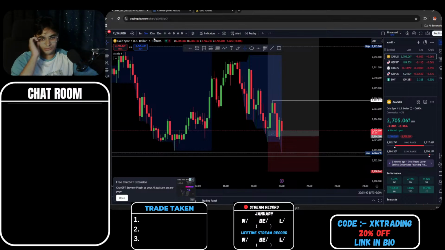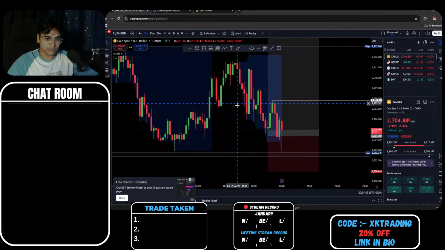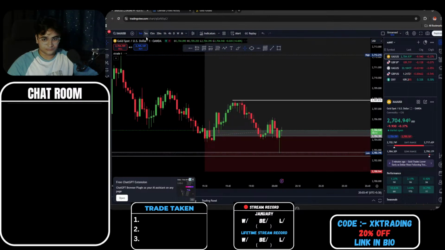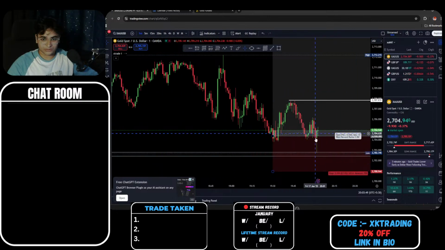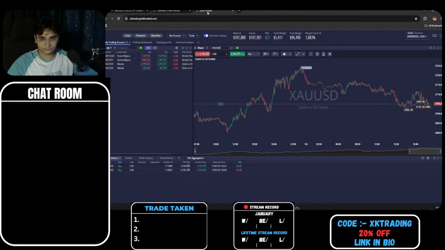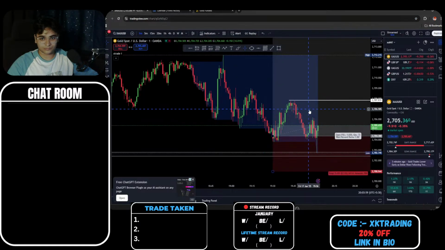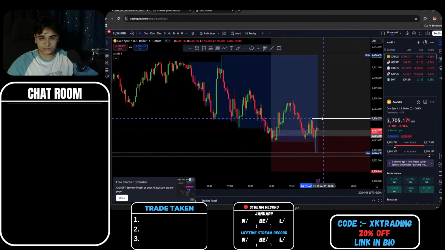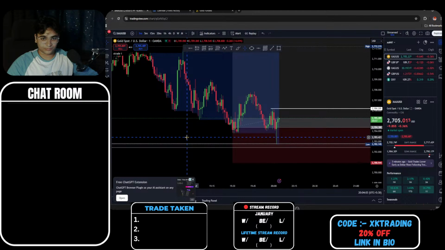First of all, I just don't want to take any blind trades. If this is a good rejection, we are still holding these areas. Even if we take out this high, we're good.